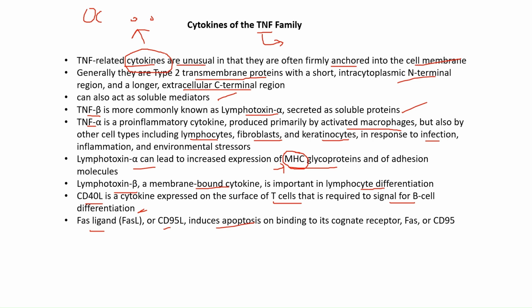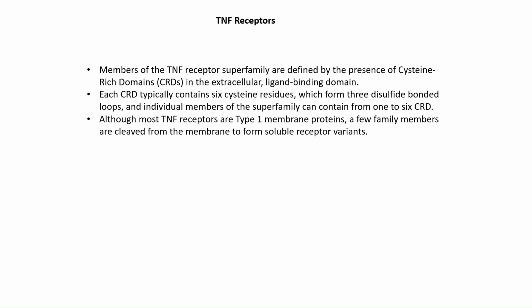Whenever the requirement of a cell is finished, whenever its function is done or its lifespan is finished, the body will induce apoptosis to destroy that cell. Now, if you talk about the receptors of this family, the members of the TNF receptor superfamily are defined by the presence of cysteine rich domains, called CRD in short, in the extracellular ligand binding domain.